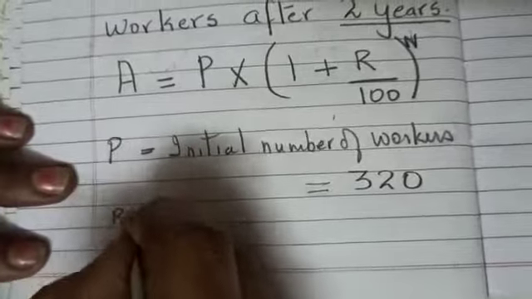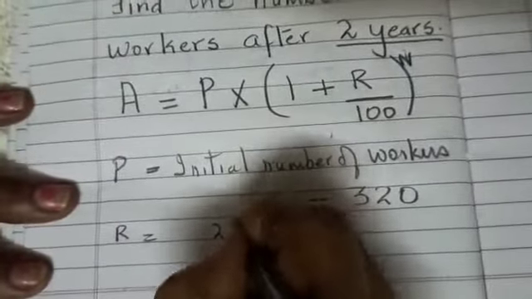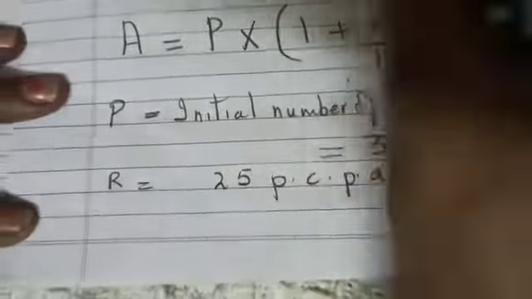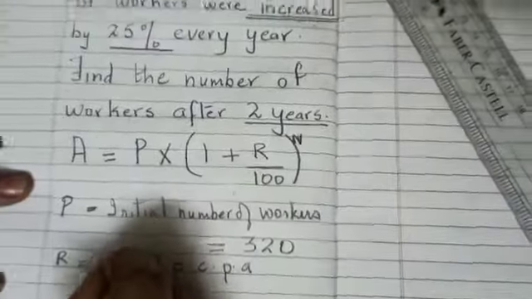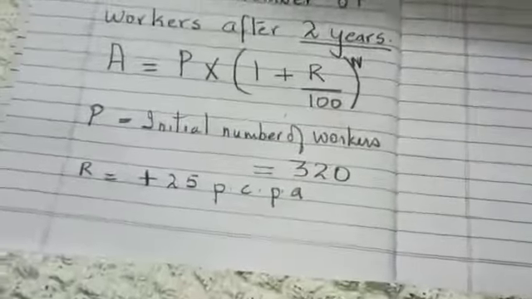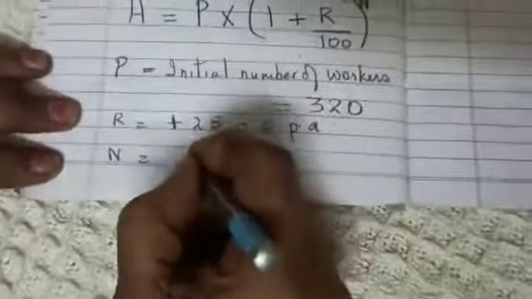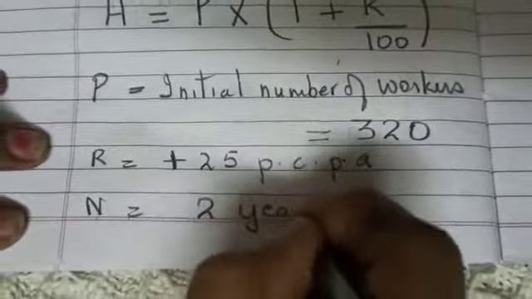R is the rate, which is very clear, it is 25% per annum, and as you know it's an increase, so R is positive. Then N is equal to the number of years, which is equal to 2 years. And we have to find out the number of workers. So A is equal to the number of workers.